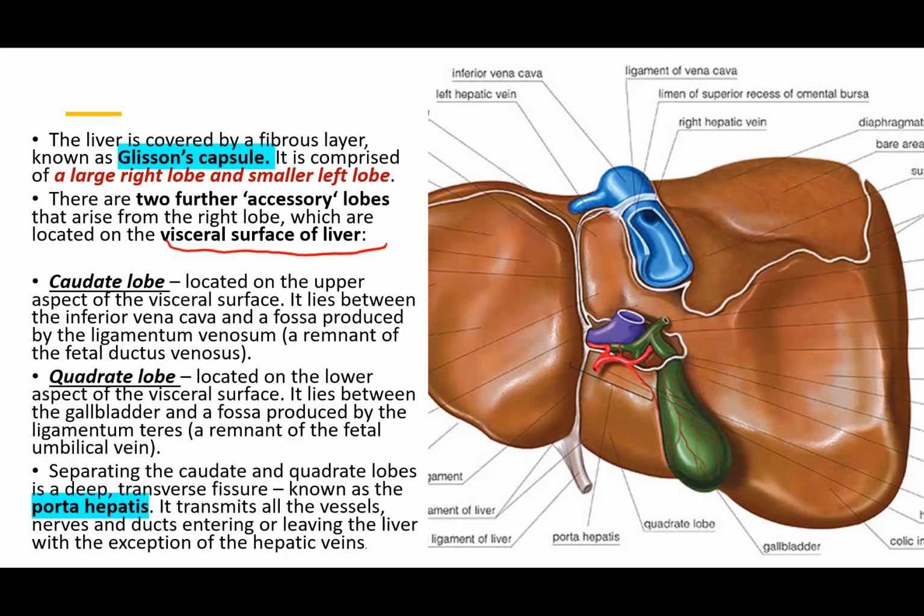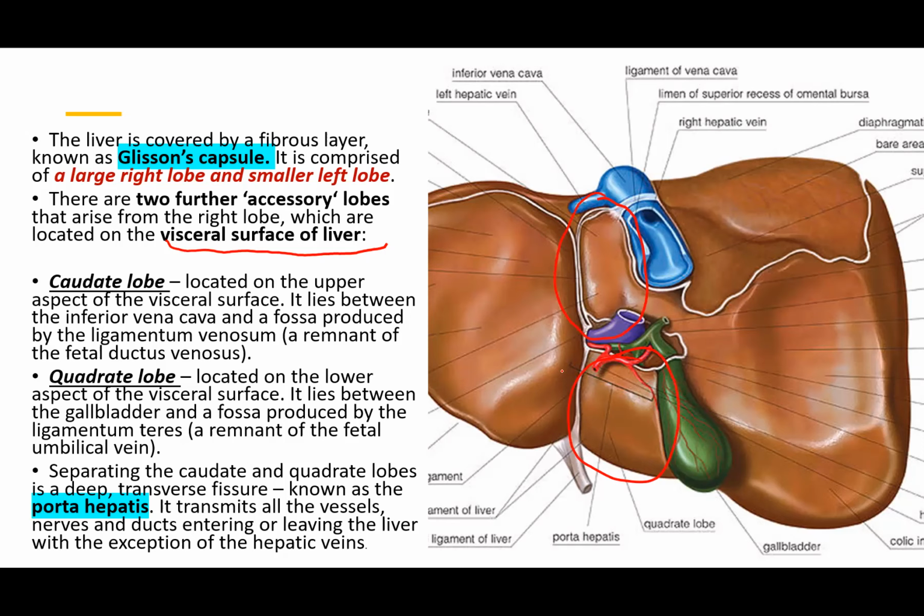That is, if you look at the diaphragmatic surface, which we shall see shortly, you will not see these accessory lobes. These other accessory lobes are the caudate lobe, you should pay attention to this, it has a peculiar anatomy, and the quadrate lobe. So all in all, anatomically, you can say it has two main lobes and two accessory lobes.